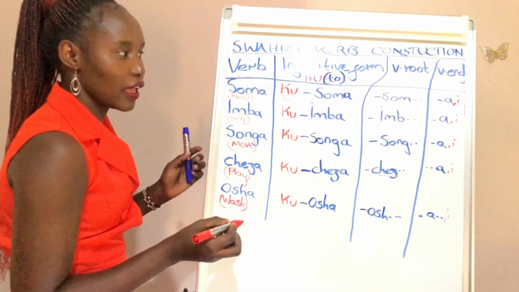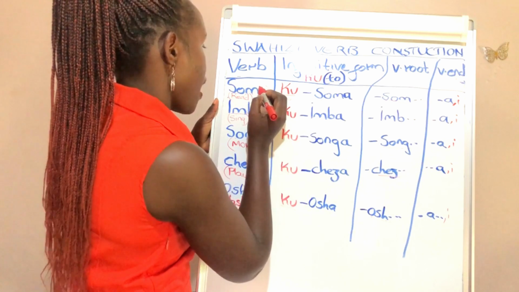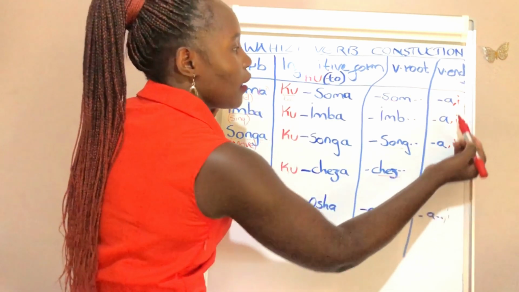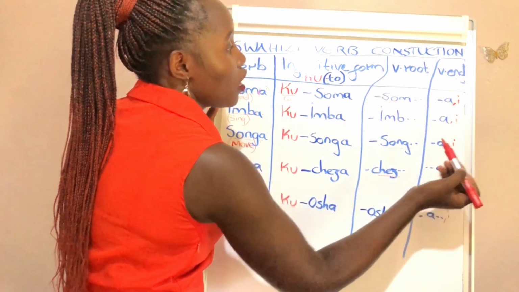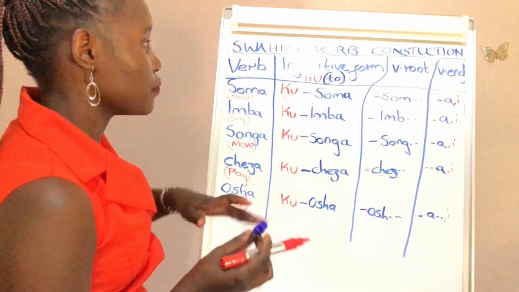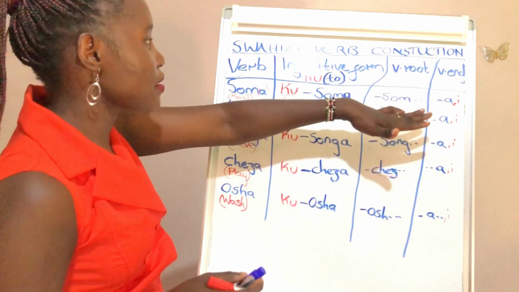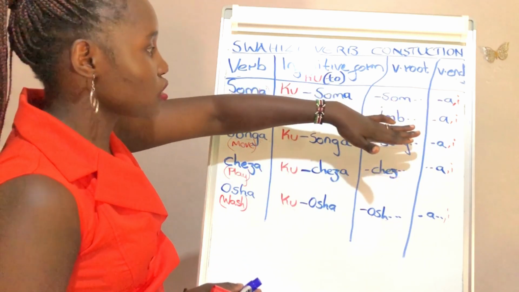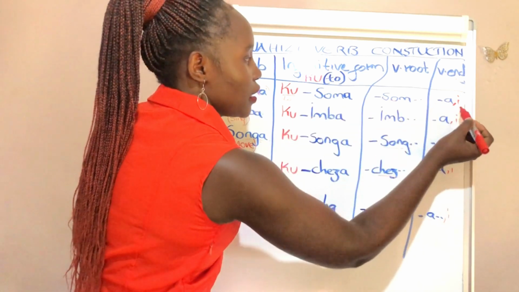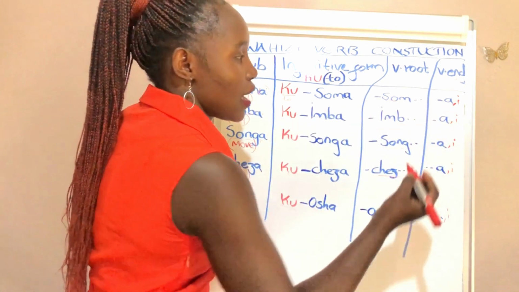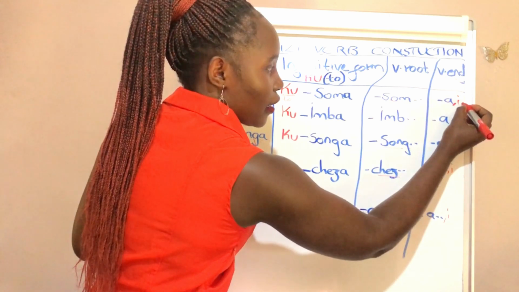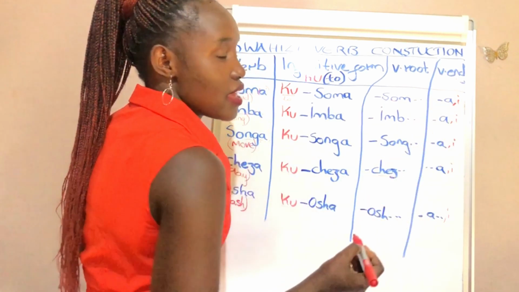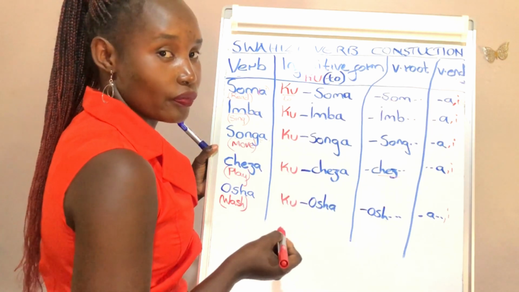And then the verb end. So most of Swahili verbs have verb ends. We have those which end with e, and then others end with a, but most of the ones which end with e and a, they are in negative form.